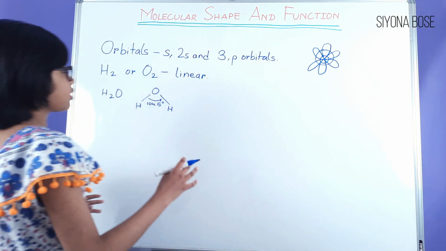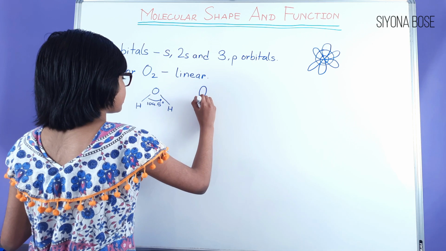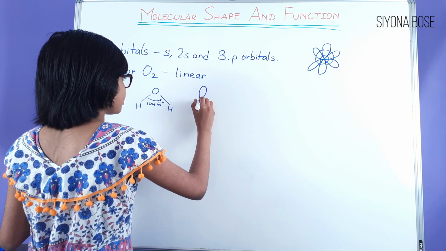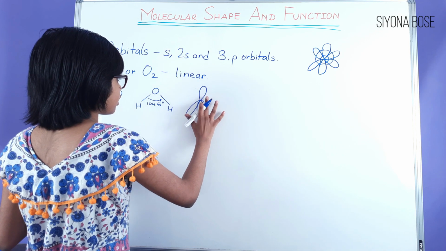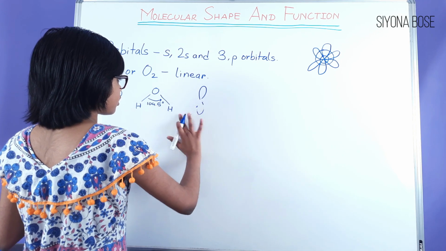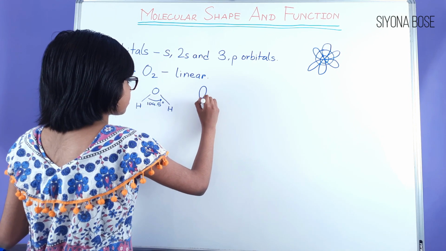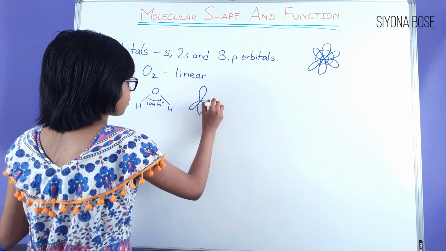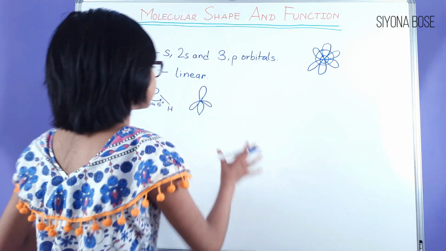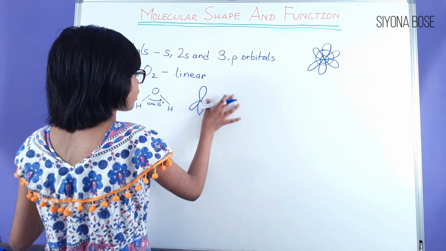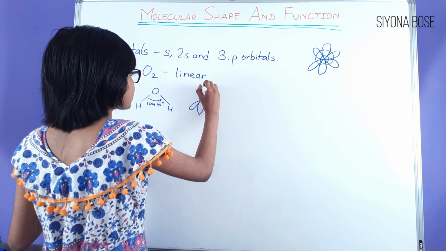If we do a rough sketch like this, it will be this arrangement, and then if we join the ends of the p orbitals, we get this shape.